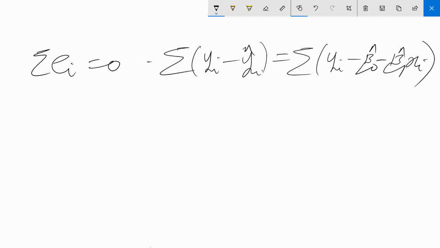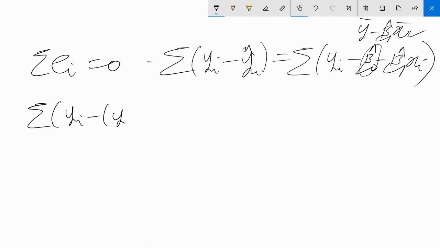There's beta 0 hat and beta 1 hat, so we need to get rid of one of these two. We know this one is simple. We can just change beta 0 hat, because it is equal to y bar minus beta 1 hat x bar. So we can replace it, and if we do that, we have this.